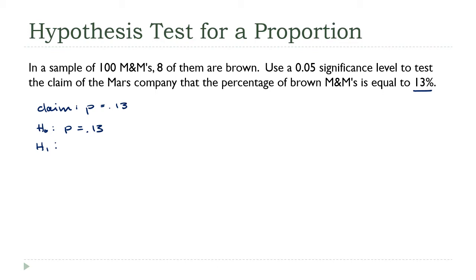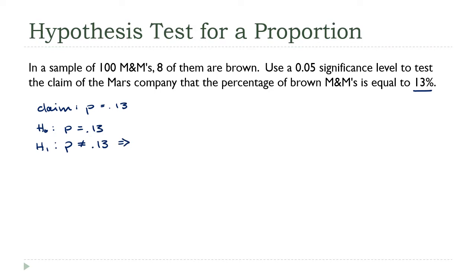Well, what are we trying to test here? If it's over, that's going to be bad because they're wrong. And if it's going to be under, that's also bad, for different reasons, but both of those results would be considered unacceptable. So we're going to be using as our alternative hypothesis, P is not equal to 0.13.